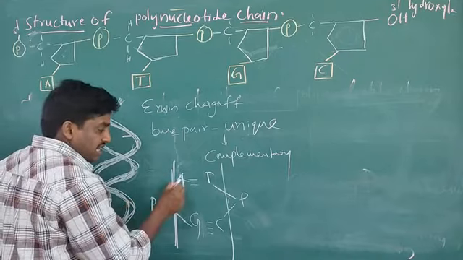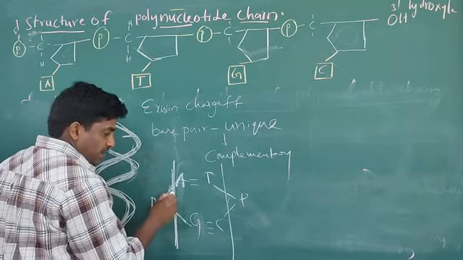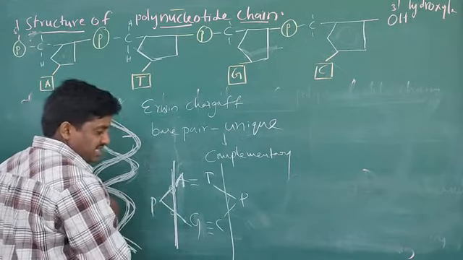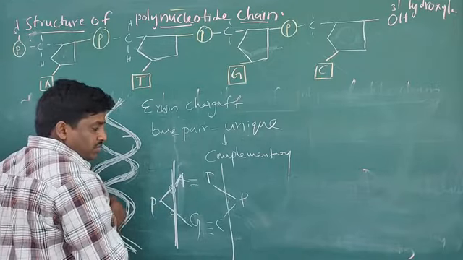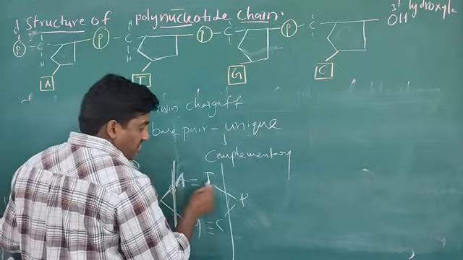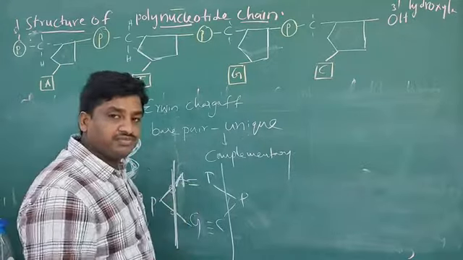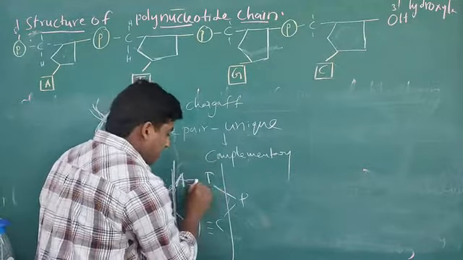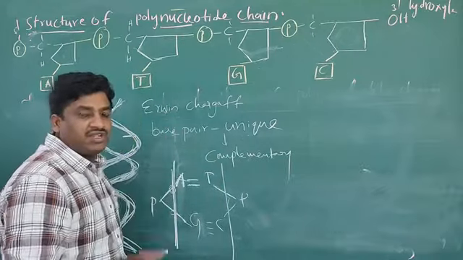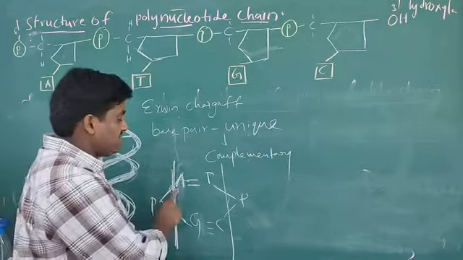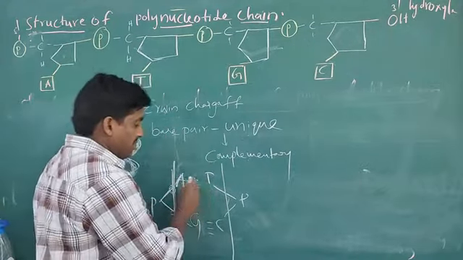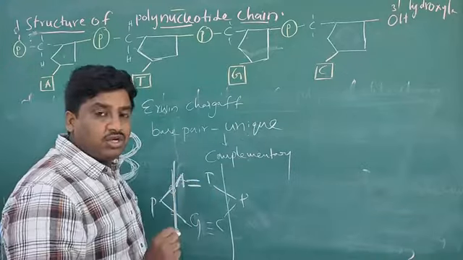That means nitrogen bases, pentose sugar and phosphate are present. Adenine is always bonded with thymine. So this is a unique property. We call it complementary to each other. Complementary means adenine is always bonded with thymine.